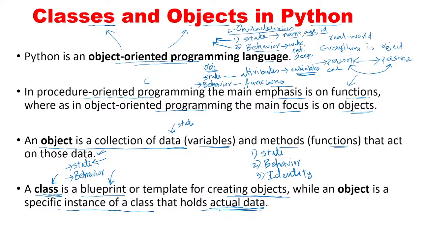In programming also every object is different from other objects. It will have a unique identity. So these three define an object in programming: state, behavior, and identity.